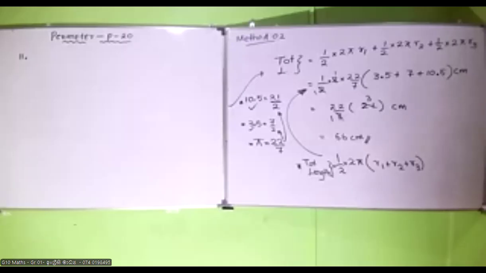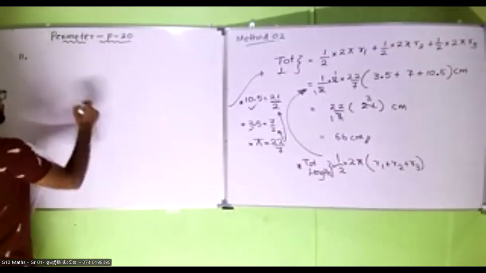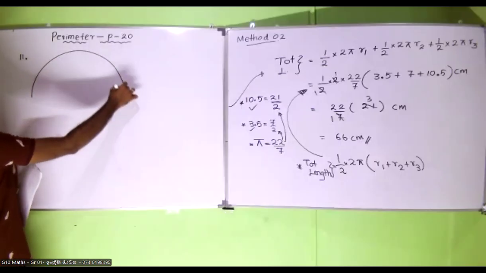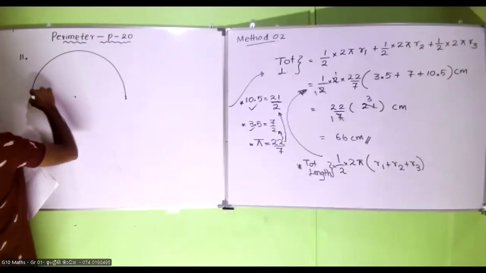Okay, so I will draw it. It is something like this. Here you have a big half circle, and inside that you have two half circles.